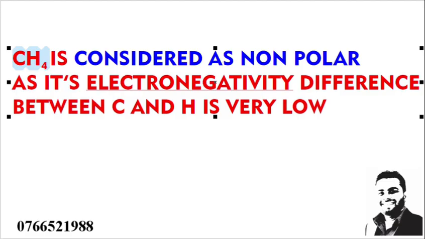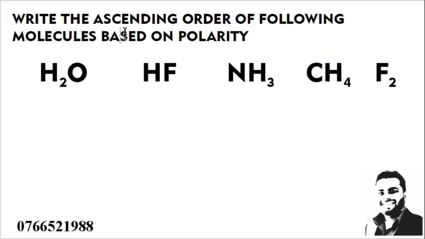Now, can you write the ascending order of the following molecules based on polarity? Can you rearrange this in ascending order of polarity? What do you think about fluorine? It's homoatomic, so the electronegativity difference is least, 0. Carbon and hydrogen next. Then I think NH3. Yes, it has a polarity.